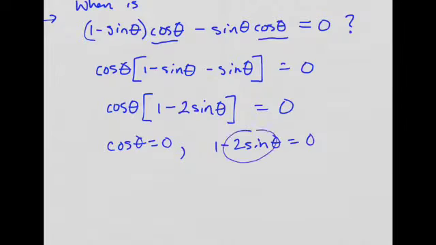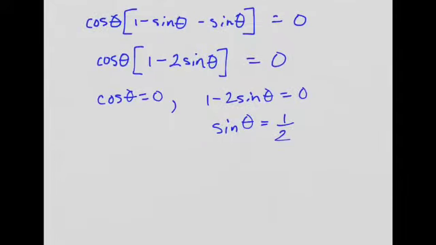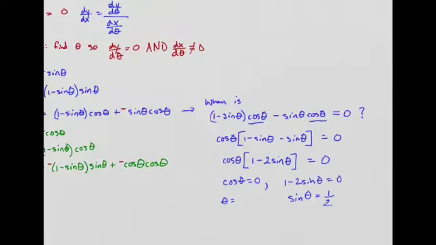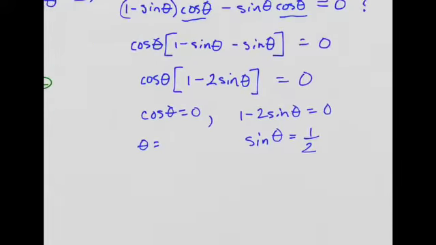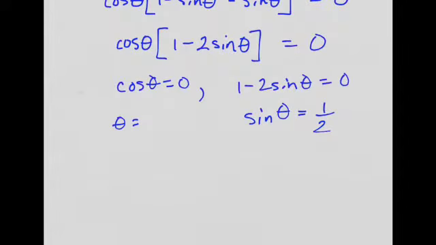Now if I added this over to the other side, then divided by 2, I would get sine theta equals 1/2. So what are the theta values that give me 0? And remember, theta is only allowed to be from 0 to 2 pi and not including 2 pi. So cosine is 0 at pi over 2, and also at 3 pi over 2.